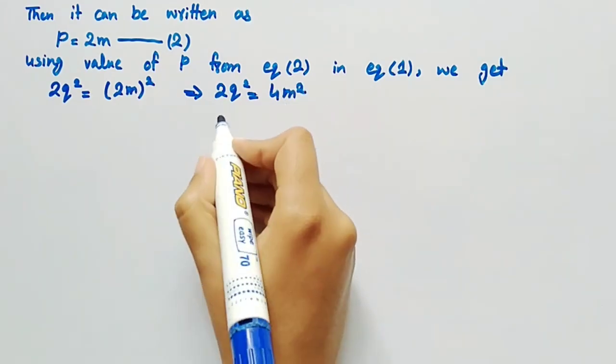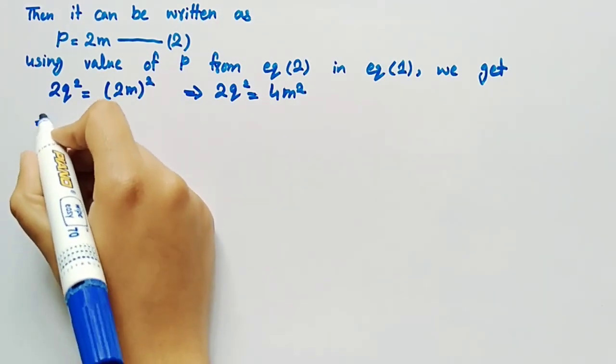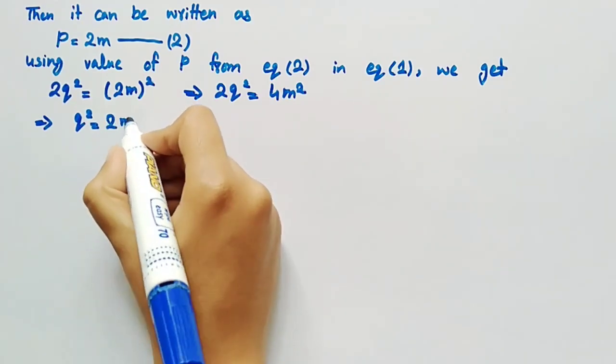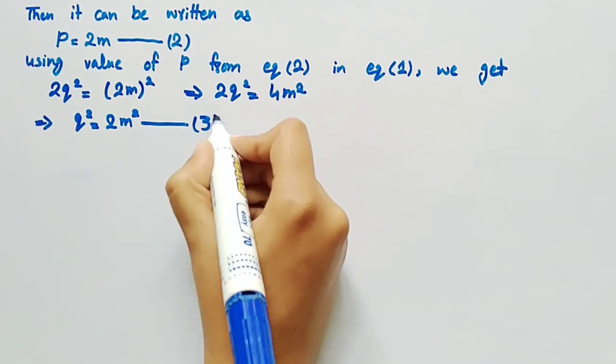Now by dividing both sides by 2, we can write it as q square is equal to 2m square. Let it be named as equation number 3.